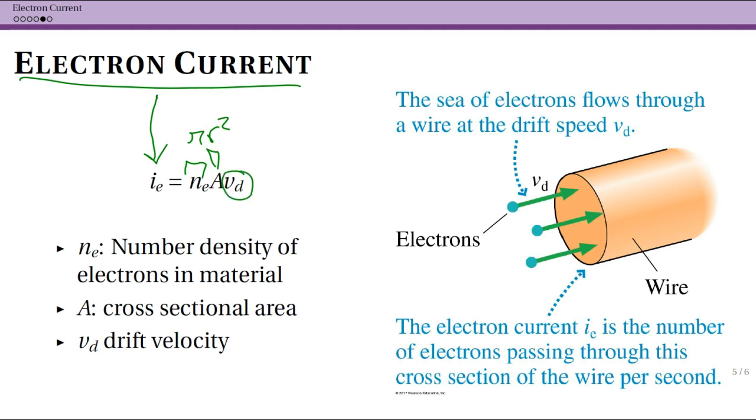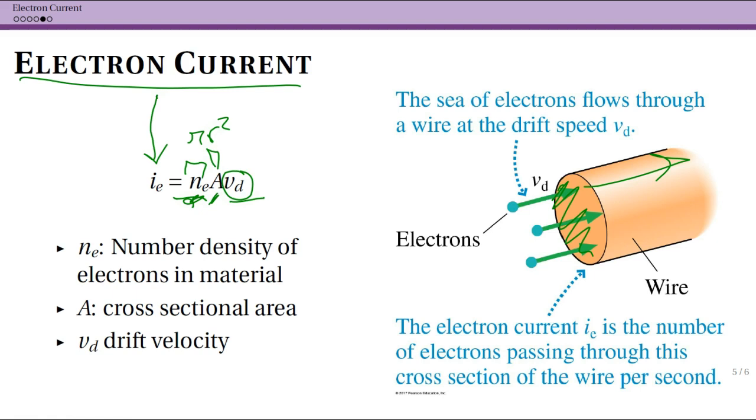So this is simply saying how many electrons you have drifting past a given point per unit time. Right? So electrons are flowing, and so this is just like watching the surface and asking how many are drifting past. And since this was a density, you have to multiply it by area. So this is really just how many electrons are going past per unit time.